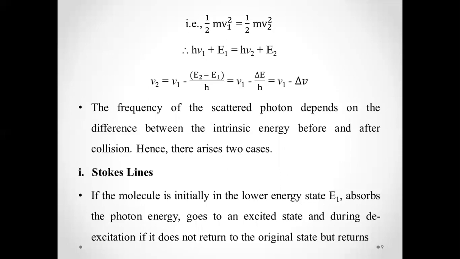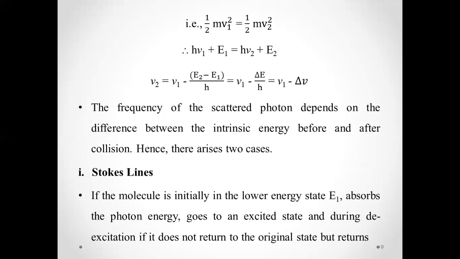From the above expression, we can show that nu2 is equal to nu1 minus (E2 minus E1) by h. This is equal to nu1 minus delta E divided by h, where delta E is the difference in the energies of the molecule.